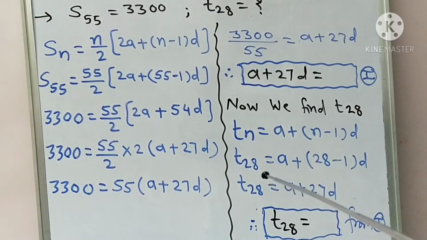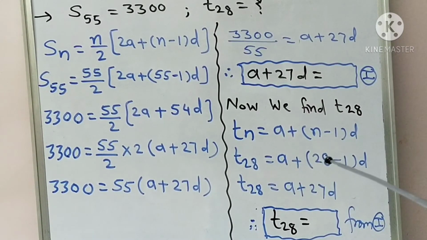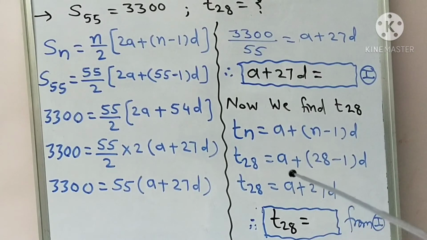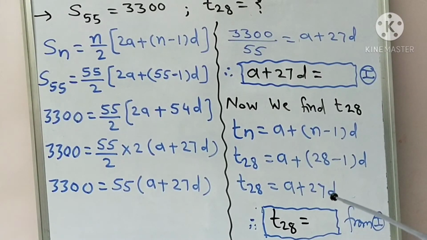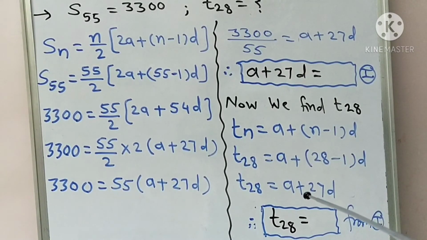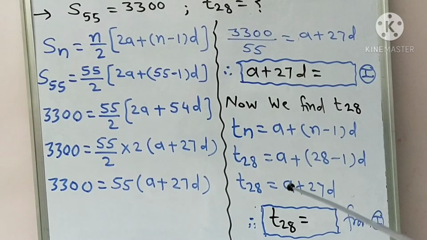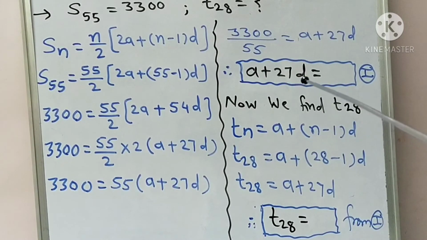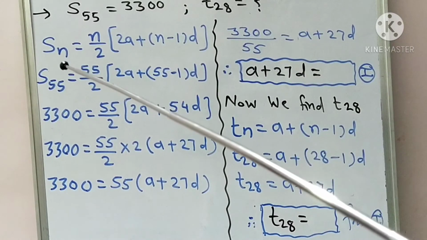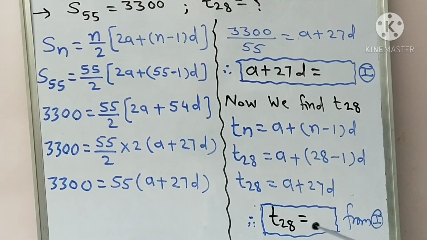So T28 equals a plus 28 minus 1 into d, and therefore the 28th term T28 equals a plus 27d. The same equation that we got first, a plus 27d, we get as a constant using the formula of Sn.